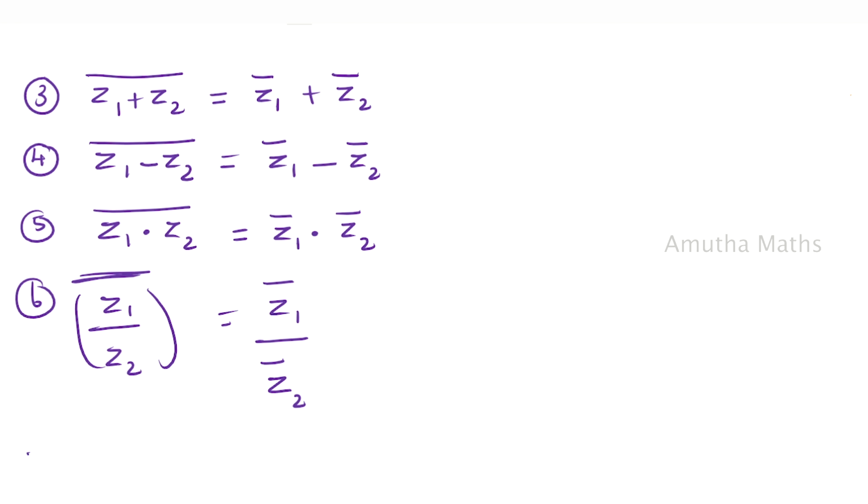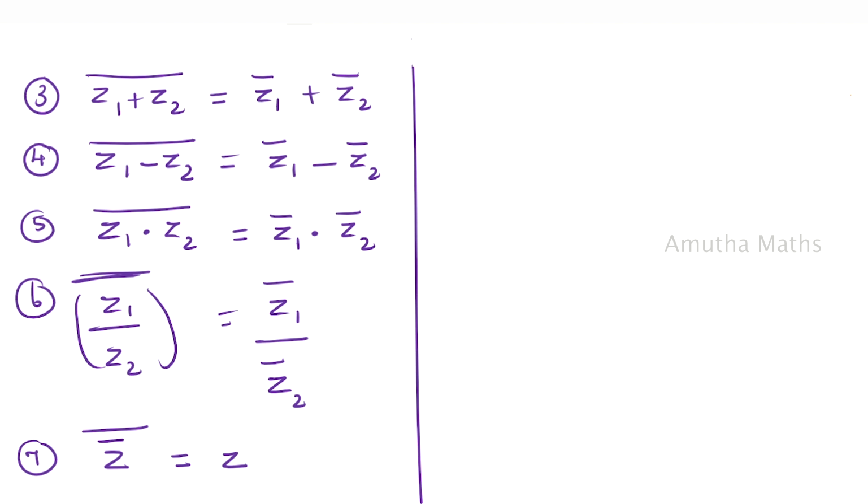Okay. Then seventh property is z bar the whole bar is equal to z, right? Now the eighth property is z power n the whole bar is equal to z bar the whole power n.